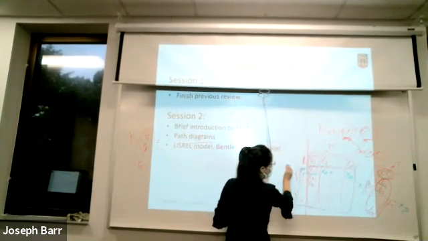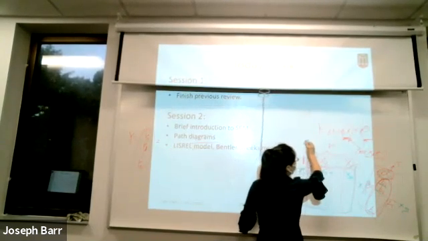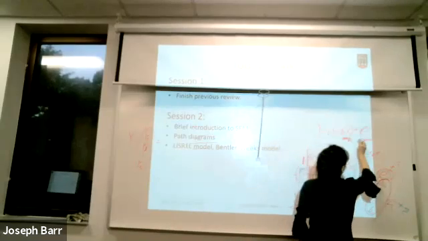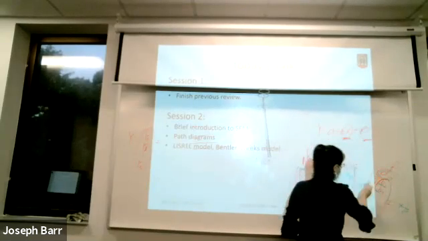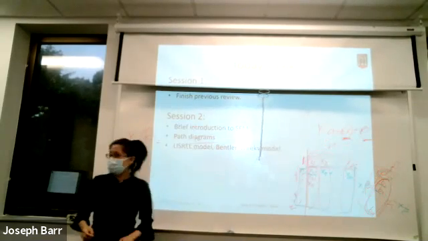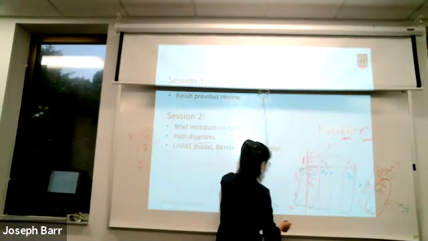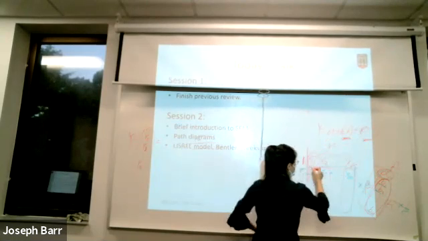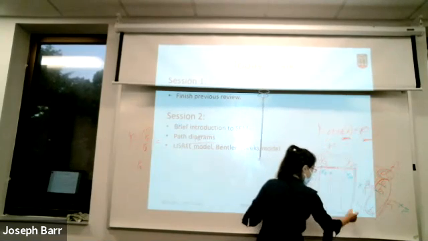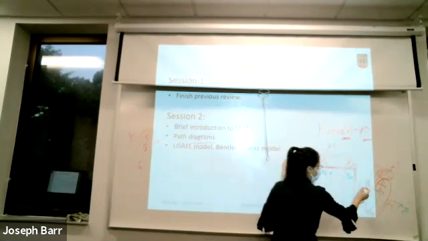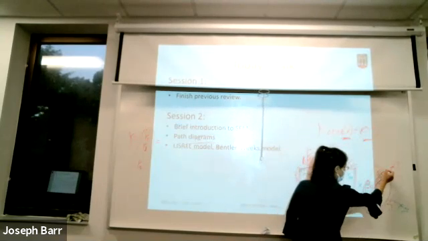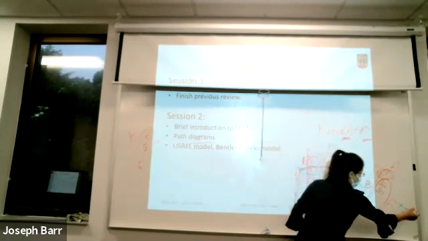Okay, so this is our X, and this is our beta. We have the X here, and the beta vector here, and we also have the epsilon.